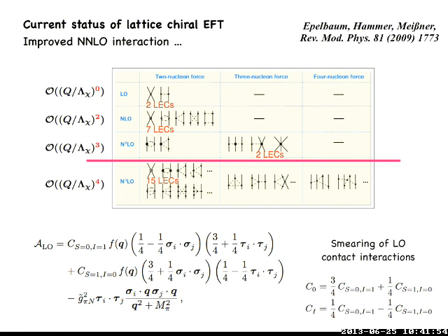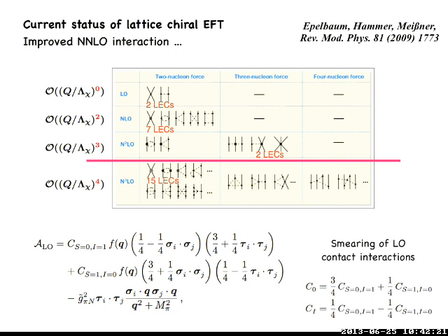Yes. So each time you go to the next order, you introduce more phenomenological parameters, you mean, or is there a way to derive this? No, the thing is that we get them from the two-nucleon system. We do that as a fit, and then we can use the results for the nuclei. So you have to first fix the constants here.